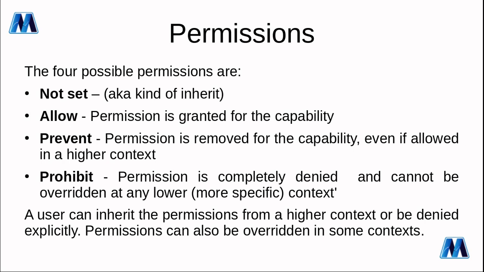Prevent, so the permissions removed for the capability, even if it's allowed in a higher context. And prohibit is permissions completely denied and cannot be overridden. Okay, so a user can inherit permissions from a higher context or be denied explicitly. And permissions can also be overridden in some contexts.